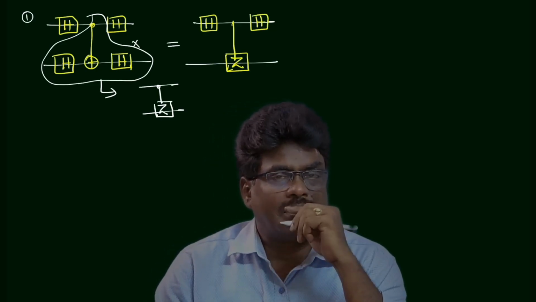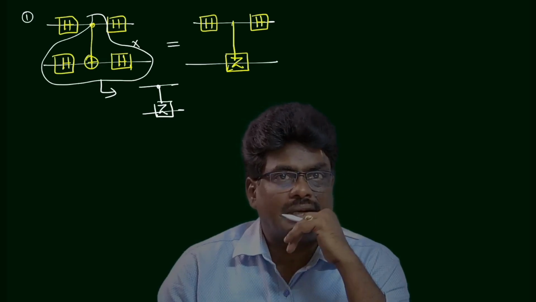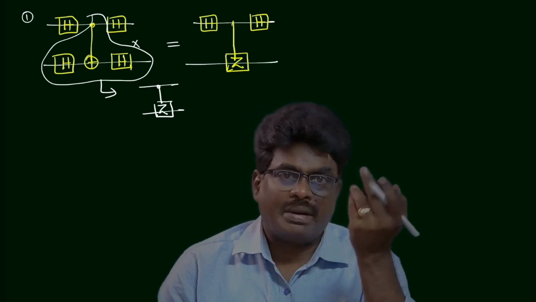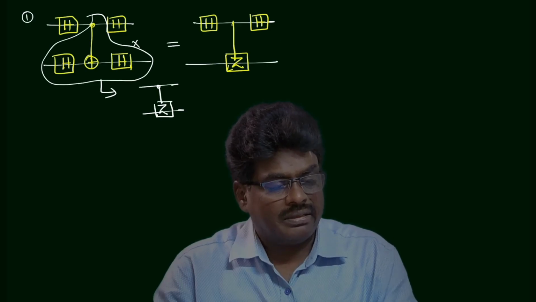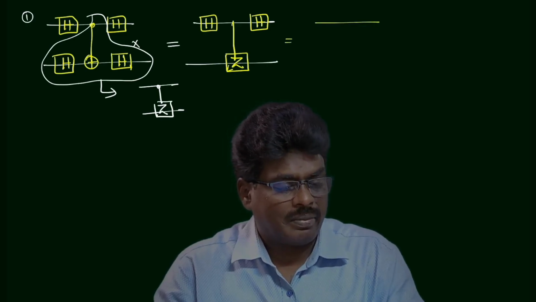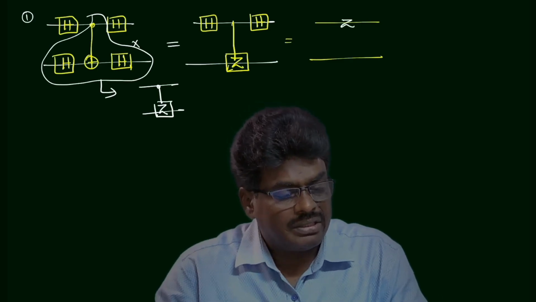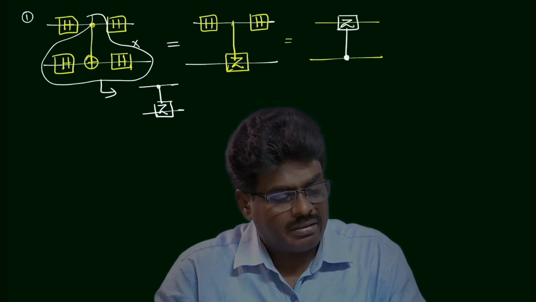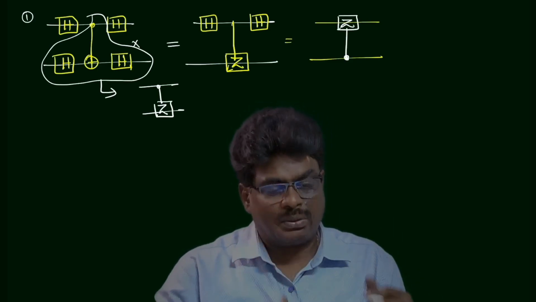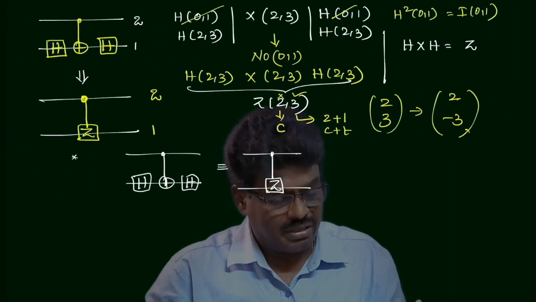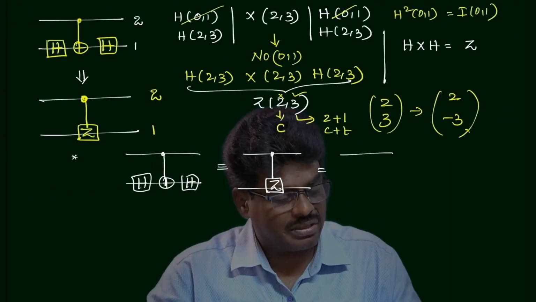And earlier we have discussed whenever control Z is there, control and target bits can be interchanged. Then you will get here Z, because here I interchanged that control and target bits. Here also you can change this. It's not a trouble. It's not a big deal.